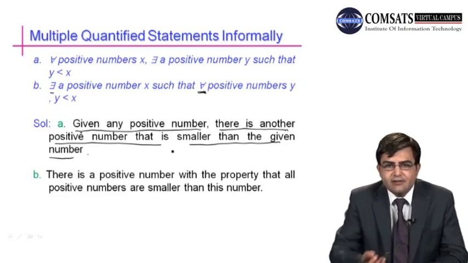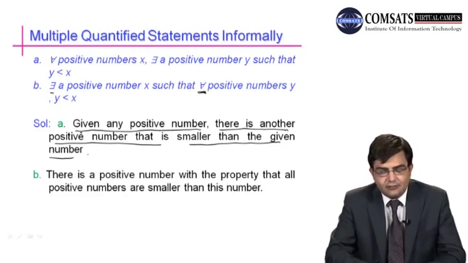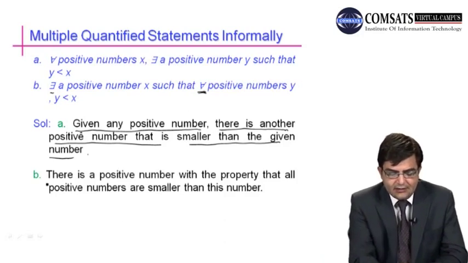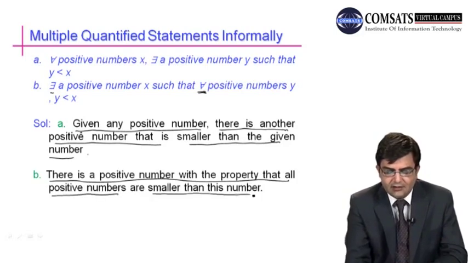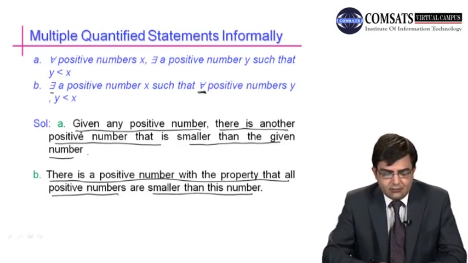This is basically the reverse of the first statement, and we can say in informal language: there is a positive number with the property that all positive numbers are smaller than this number. Certainly there are many other ways we can say the given statements informally.